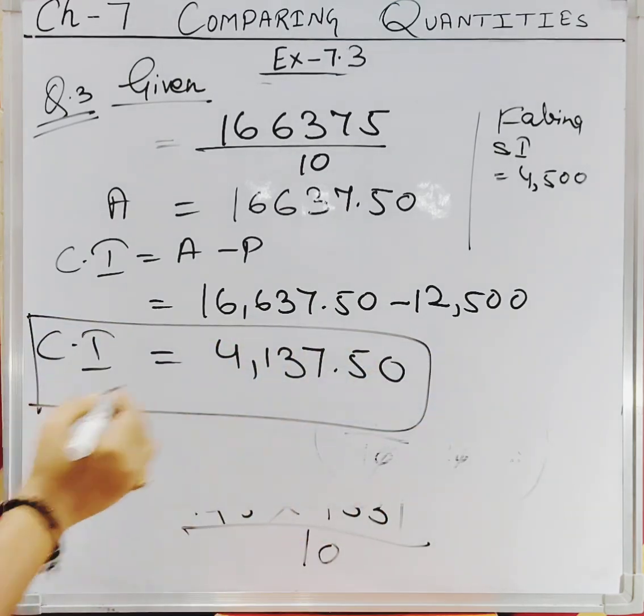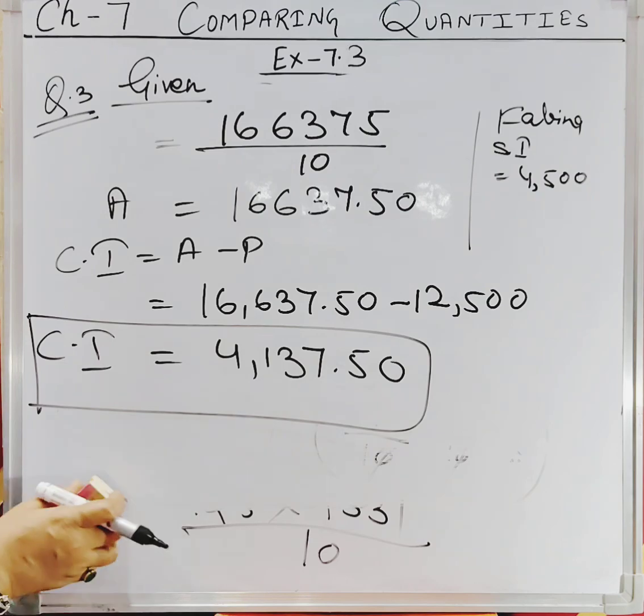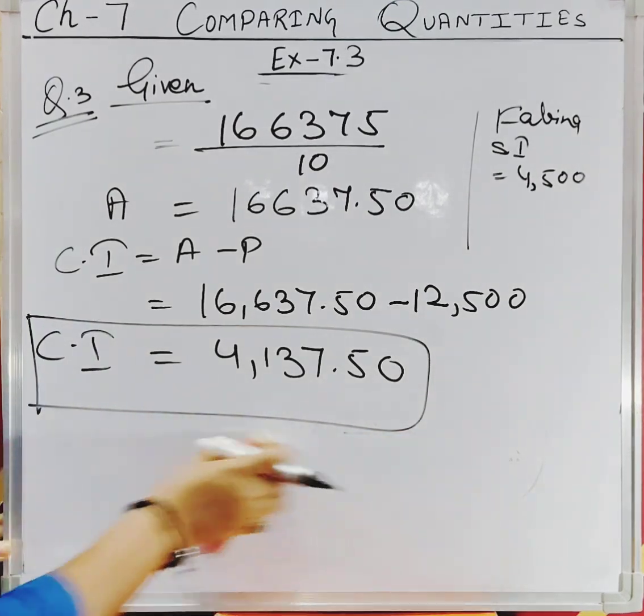So you can see SI was 4,500, and CI is 4,137 rupees and 50 paisa. So clearly Fabina pays more.